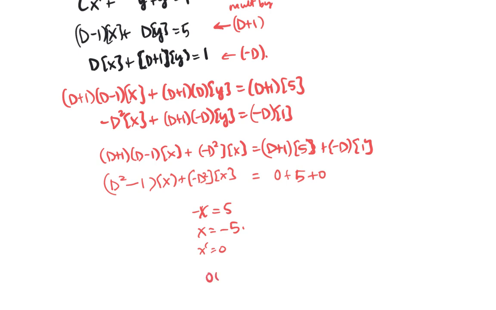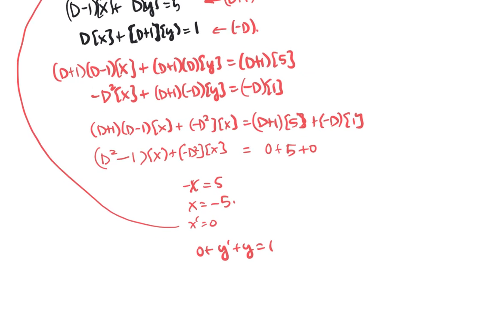I'll get 0 plus y prime plus y equals 1. So I'm subbing it back up into this second equation that I started with. So I'm going to get d plus 1 y equals 1.